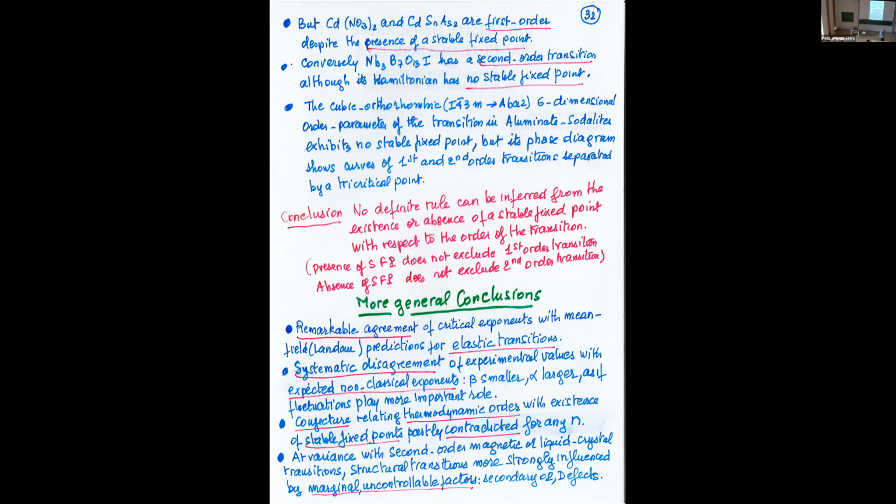There is no theoretical effort to show that in this system the upper critical dimension is instead of 4?